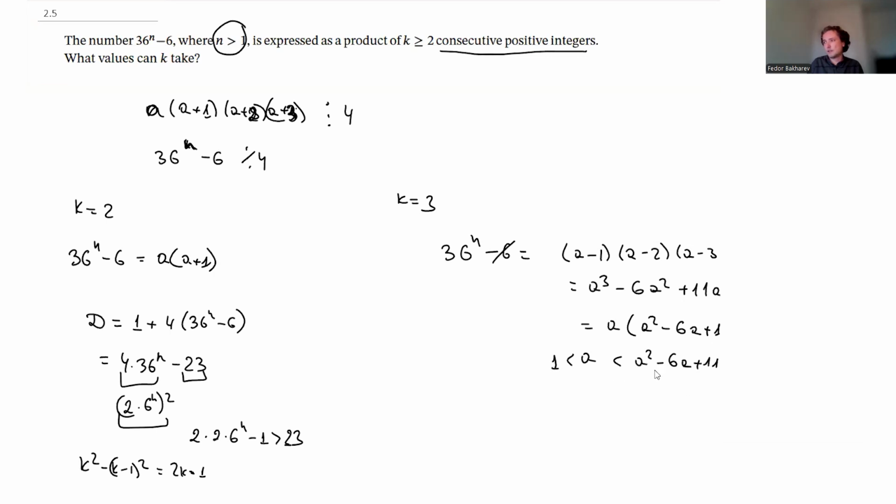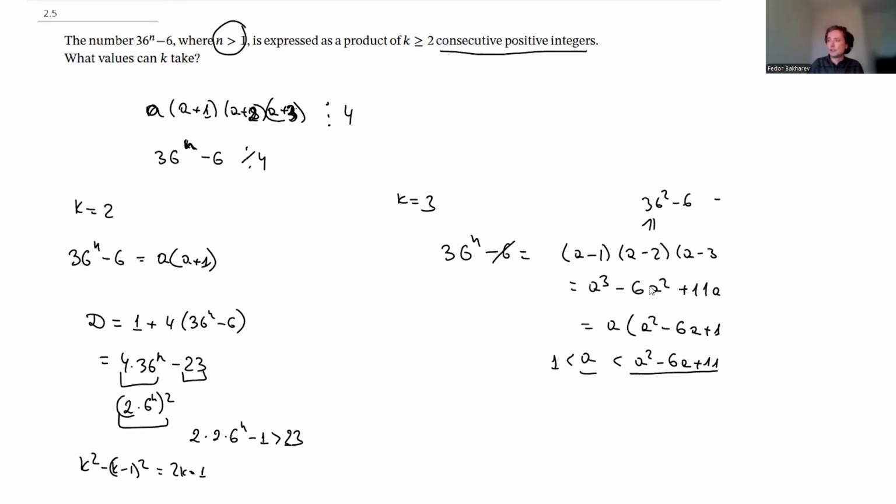It's quite easy to check that a should be quite big here. This product is bigger than 36 to the power 2, and this is quite a big number. So this means that actually a is bigger than, I don't know, 5. And this will give you that this factor is bigger than this one.